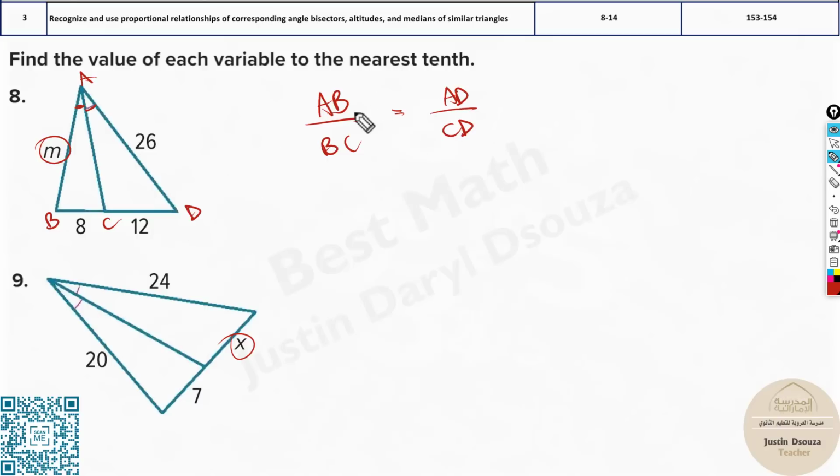Now, you can write it in different ways. This is a correct formula. Also, you might have seen it written as AB by AD equals to BC by CD. I prefer this method because it's easier, and I will tell you both the methods now. When you see that there's an angle bisector, the angles are equal, these two triangles are proportional to each other.